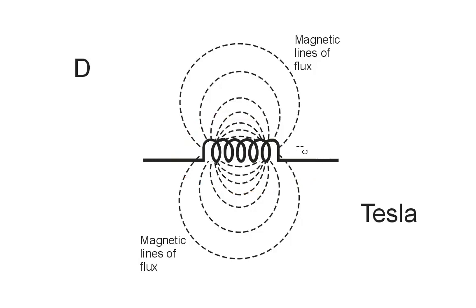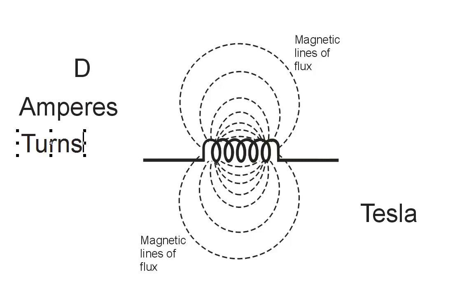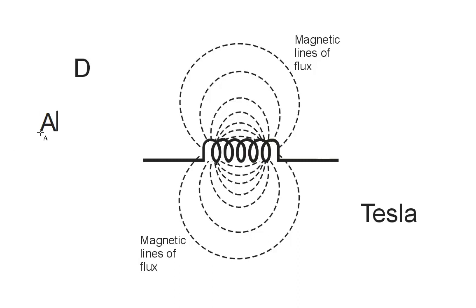That magnetic field quantity depends on the current in amperes and the number of turns in the coil. So that complete magnetic field quantity is a unit called the Ampere-Turn, or AT, capital A, lowercase t.